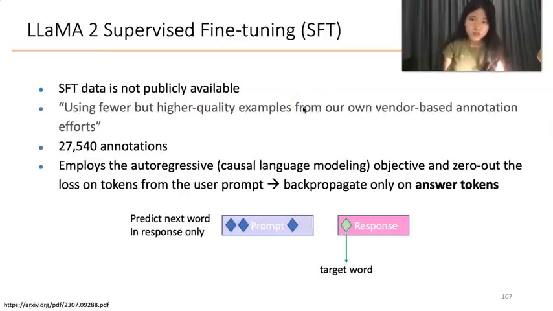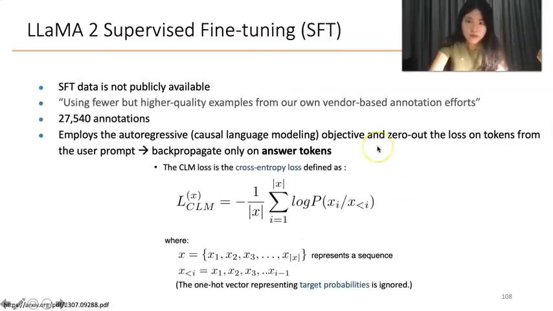But the SFT data is not publicly available. And again, for training, it employs the causal language modeling objective and zeroes out the loss on tokens from the user prompt. In other words, it backpropagates only on the answer tokens. And here's a reminder for the CLM loss.